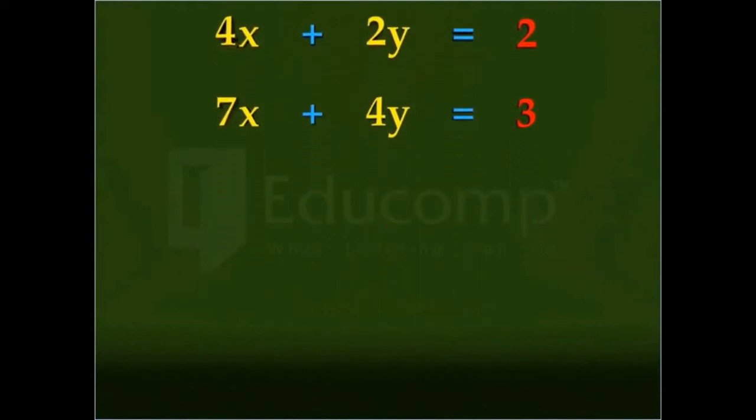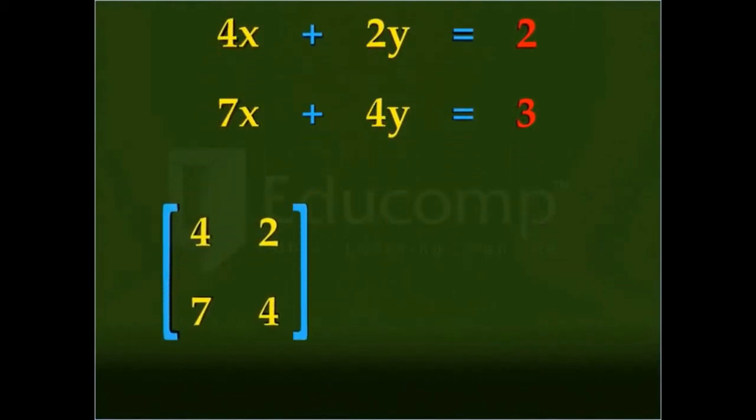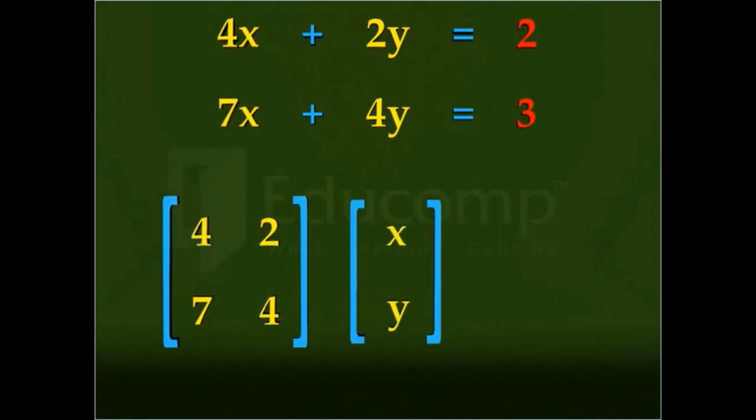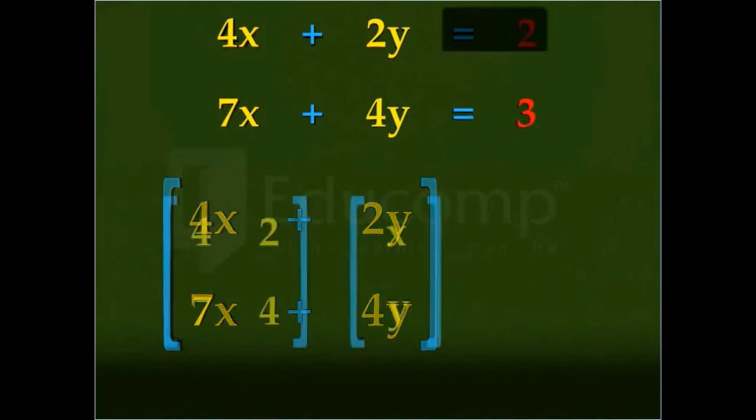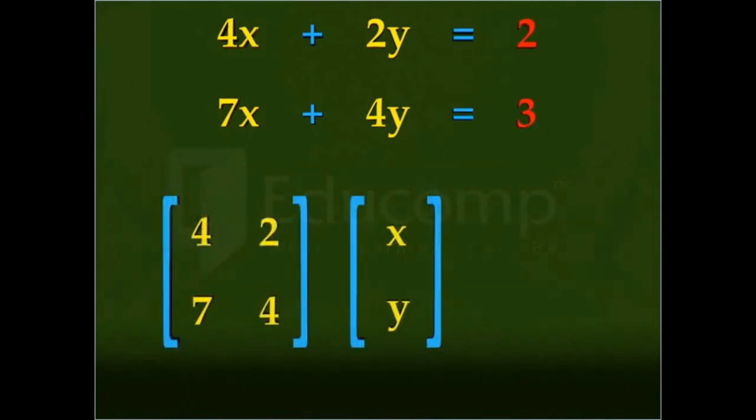If we write the coefficients of x and y in a matrix and the variables x and y in another matrix, the product of the two matrices shows the left-hand side of both equations. The right-hand side of both the equations can be shown as a column matrix containing 2 and 3.